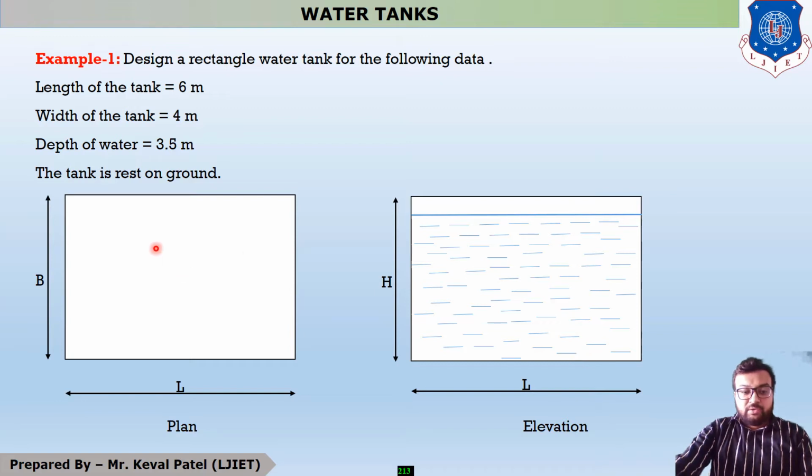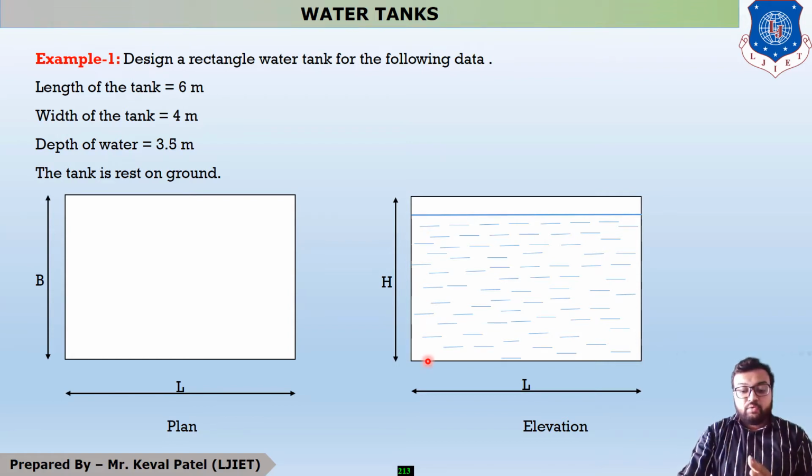Now this is the plan and this is the elevation of the rectangle water tank. You can see that in the plan, this length is 6 meter and this length is 4 meter. Similarly, in the elevation, you can see the water tank from this side. This length is 6 meter and the water depth is 3.5 meter.